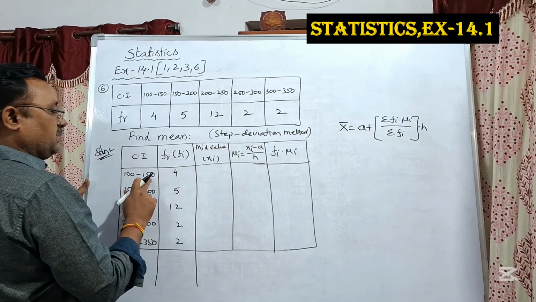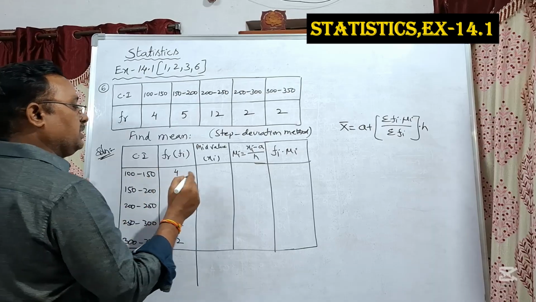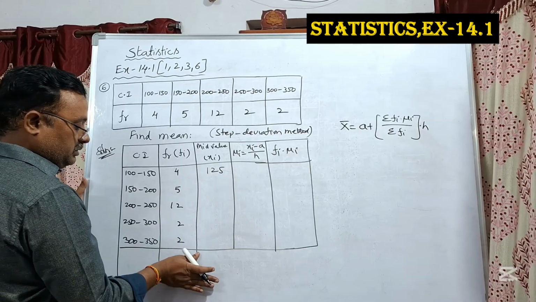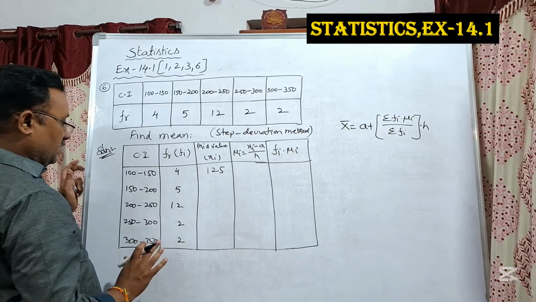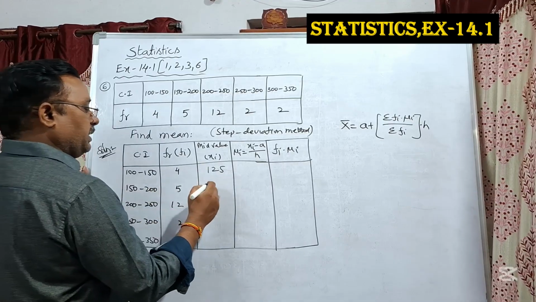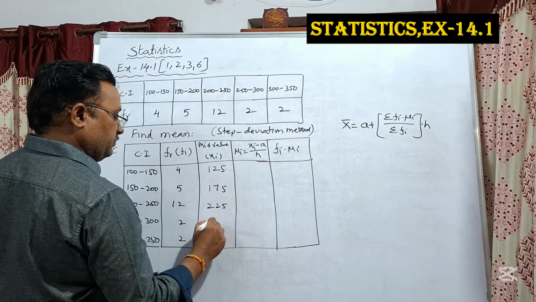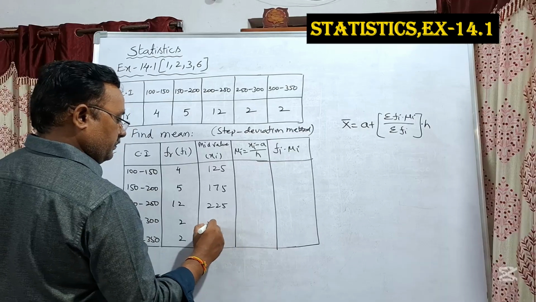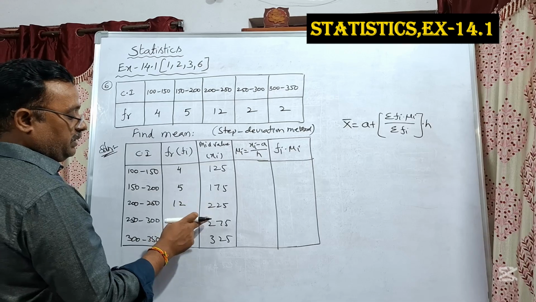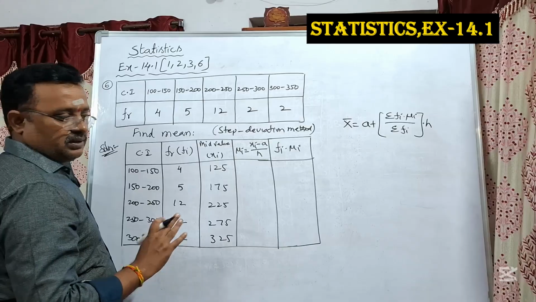Average of the class interval, that is 100 plus 150 by 2 is 125. Next, without calculation, use the logic of the class interval increment, plus 50: 175, plus 50, 225, plus 50, 275, plus 50, 325. You can calculate also.